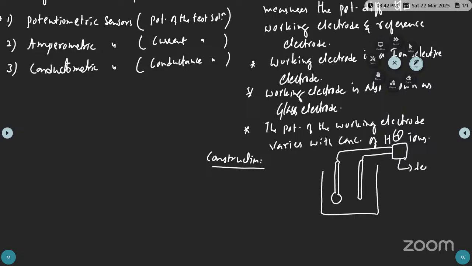So what is this? This is the device. It may be computer, whatever it is. Okay, these two electrodes are connected to the device, right? And these two electrodes are dipped in the test solution. ఈ టెస్ట్ సొల్యూషన్ లో డిప్ చేస్తాం.